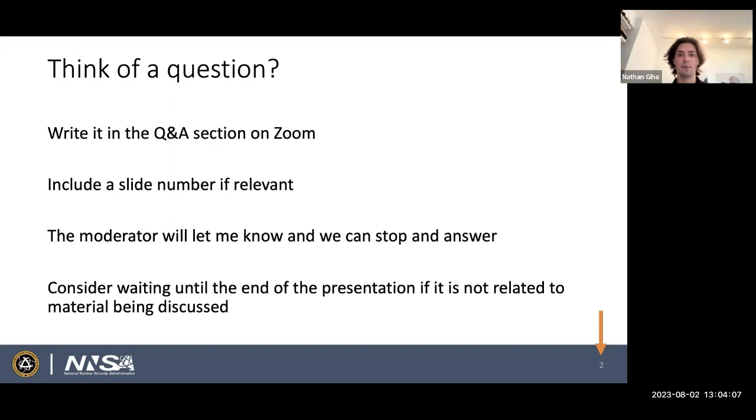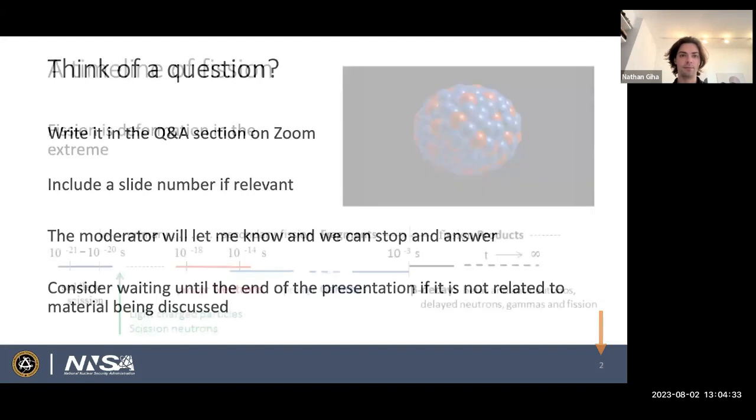So just a brief refresher, if you think of a question, you can put it in the Q&A section on Zoom. And if there is a particular slide that's relevant to your question, please include the slide number. That will help. I can bring the slide back up while we're answering, and it'll be nice to have it in the backdrop. Flynn will let me know. It sounds like we'll do the Q&A session at the end. So let's go.